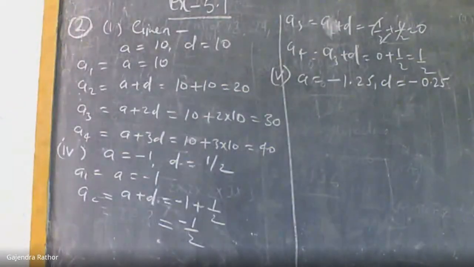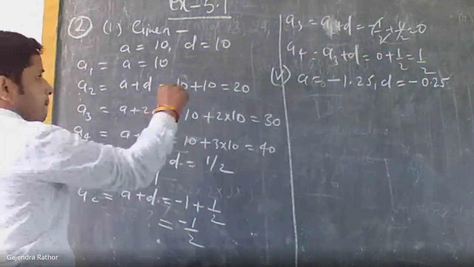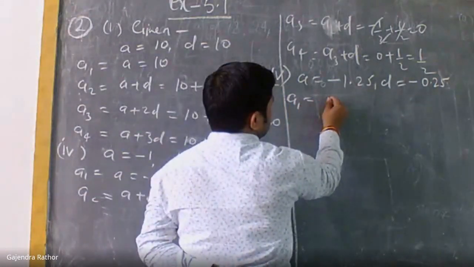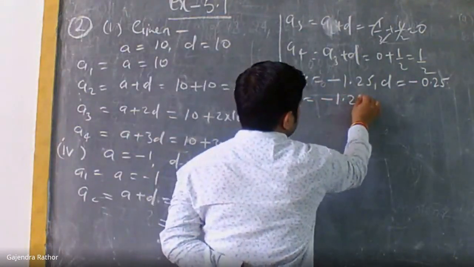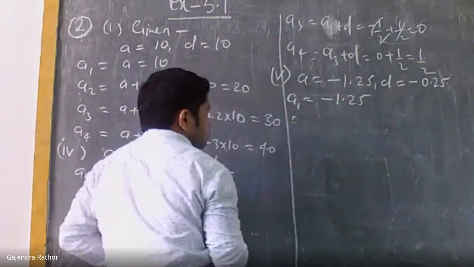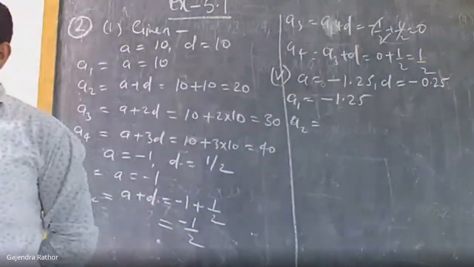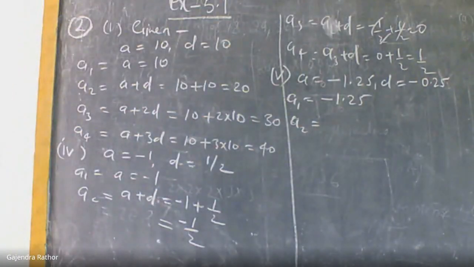Okay, so let's start. First, A1 is equal to minus 1.25. Next, A2. So all of you try to find out A2, A3 and A4.